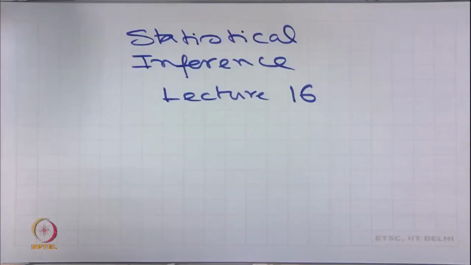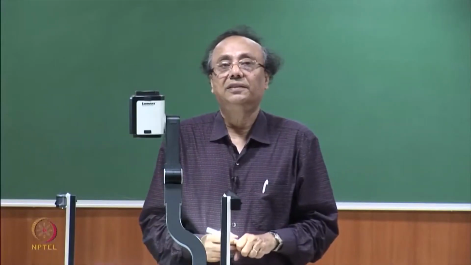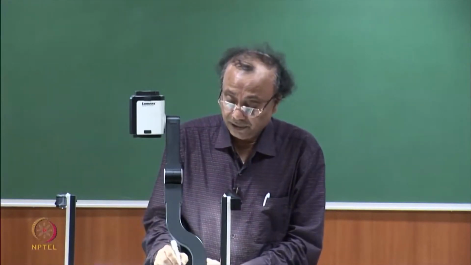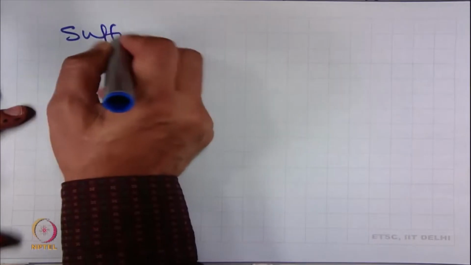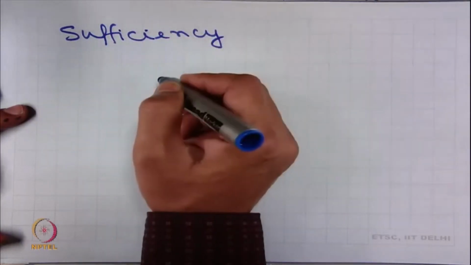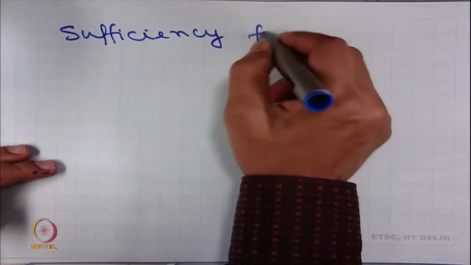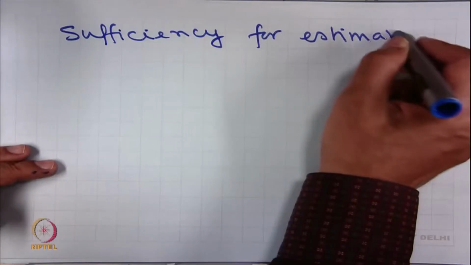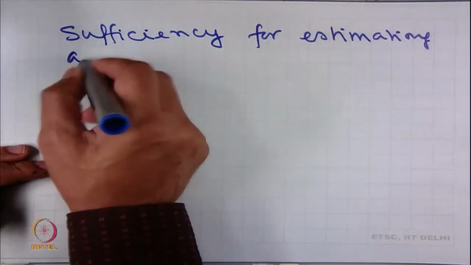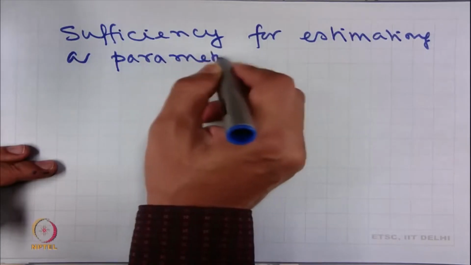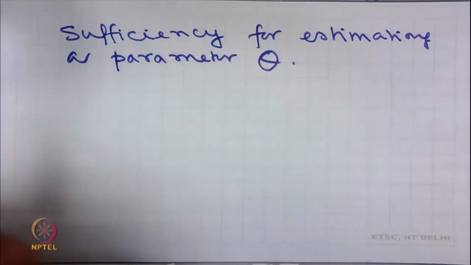In the last lecture, we discussed an important property, namely sufficiency for estimating a parameter theta.